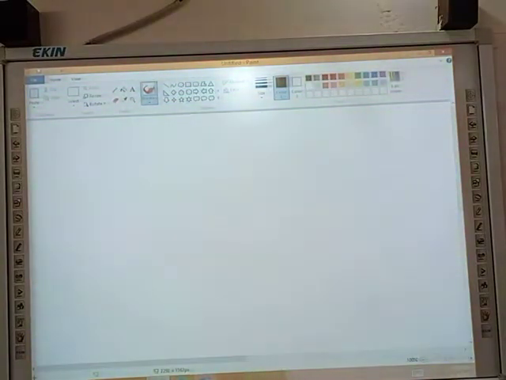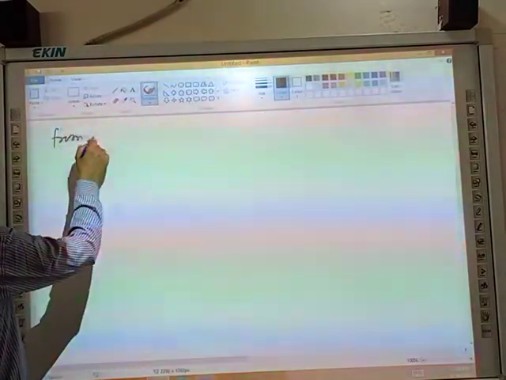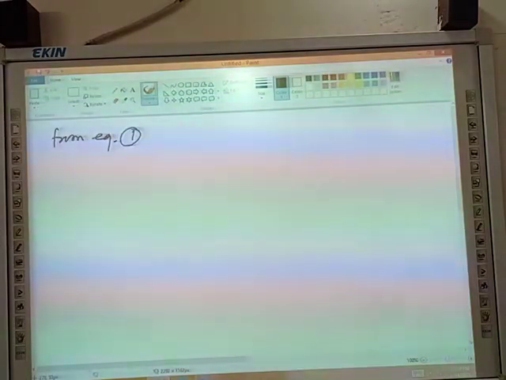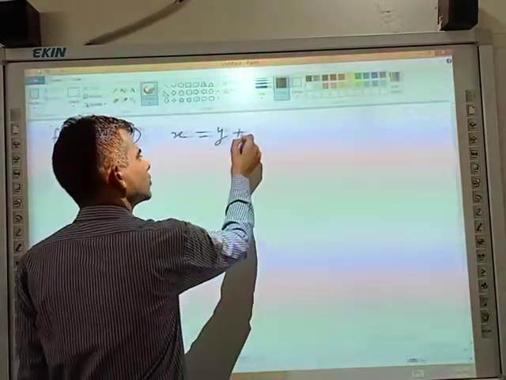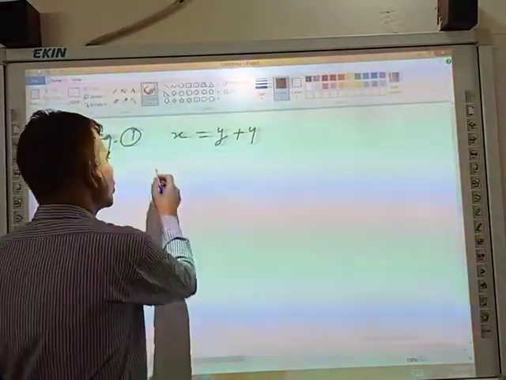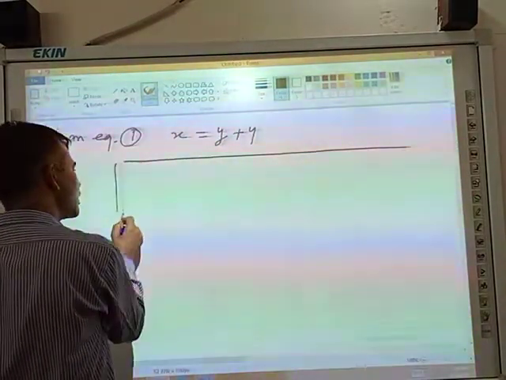From the first equation, x is equal to y plus 4. Now students, draw a table and take a minimum of 3 points.